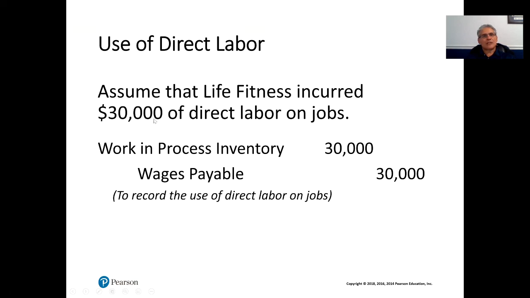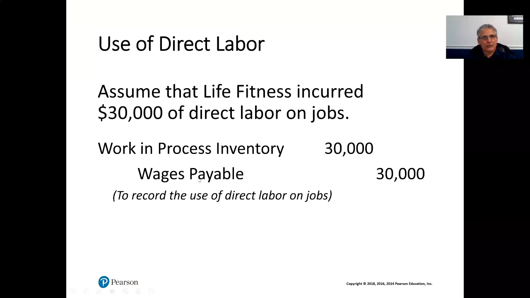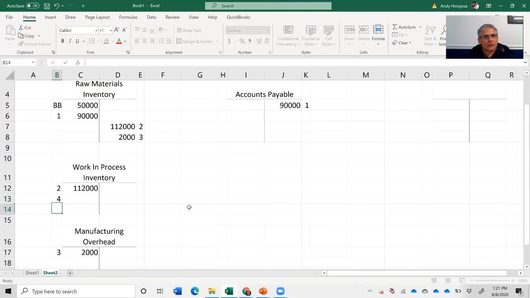Assume that Life Fitness incurred 30,000 of direct labor on jobs. So we're going to go ahead and assign 30,000 to work in process. So that's number 4. So 30,000 will go into work in process.